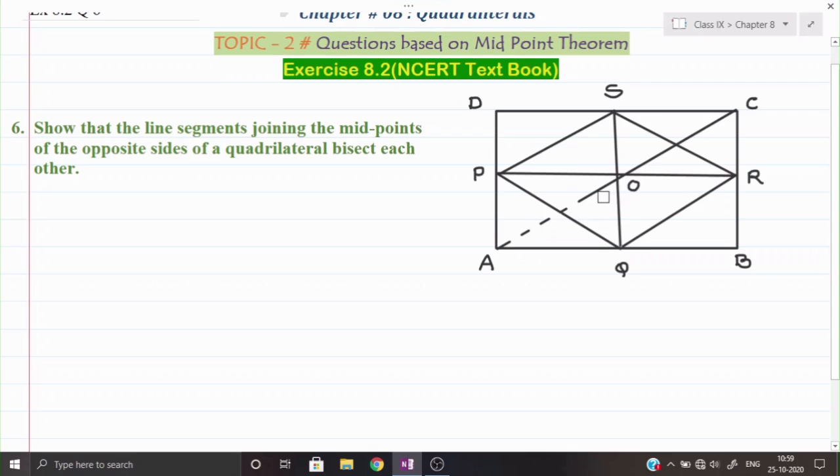Here I mistakenly rubbed the PR. Let me do it once again.